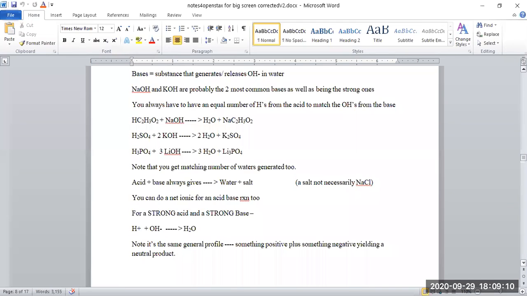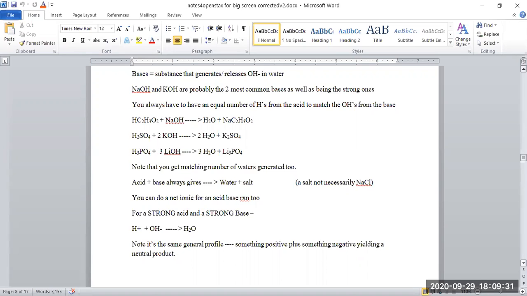You could do it as 2s or 3s, but it doesn't actually change it. You could have 2 H's and 2 OH's give you 2 waters. Back to that whole idea of least common multiple when you're balancing reactions. If you can make lower numbers all the way across, that's usually what you're shooting for.